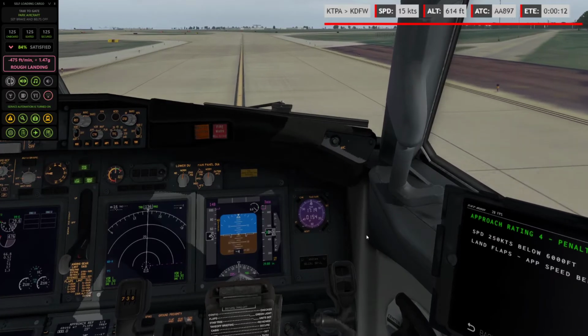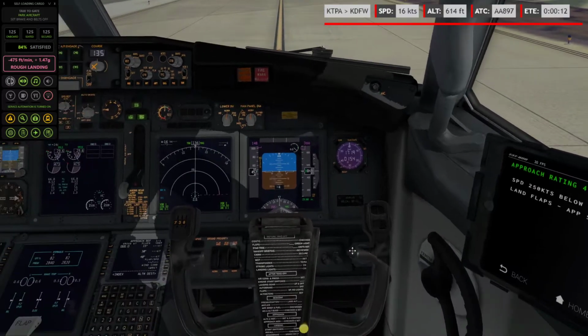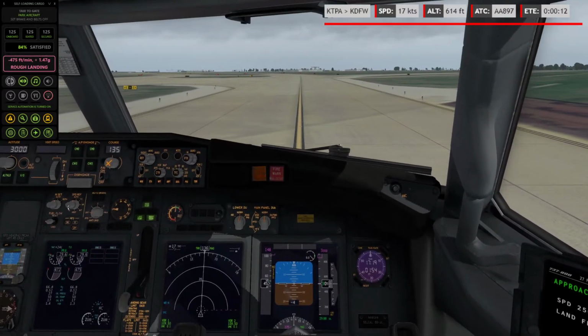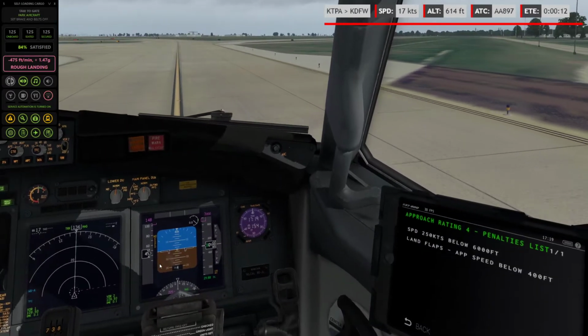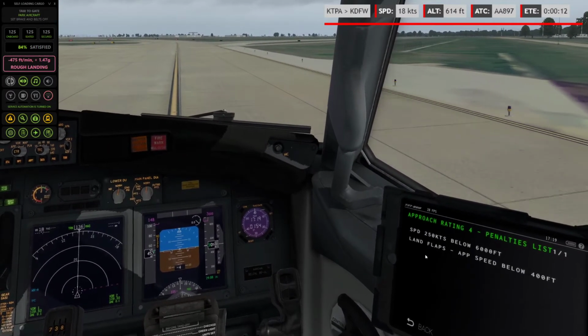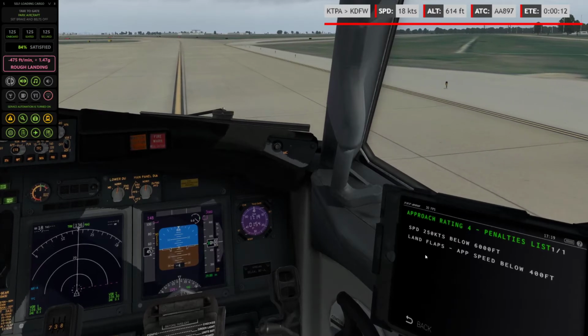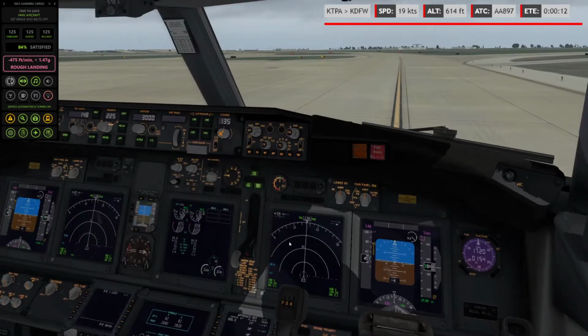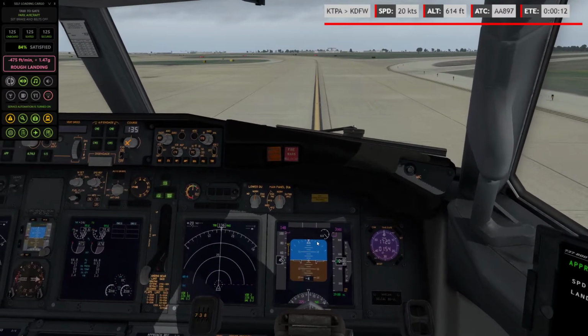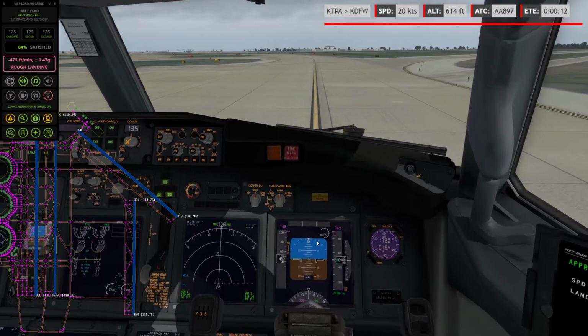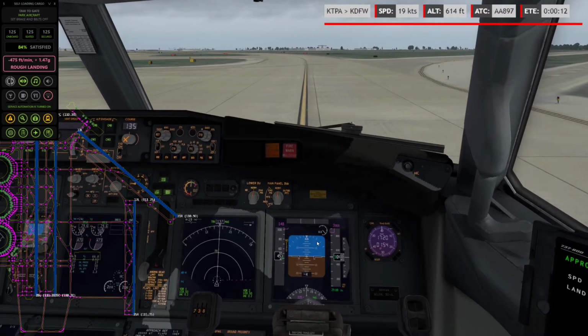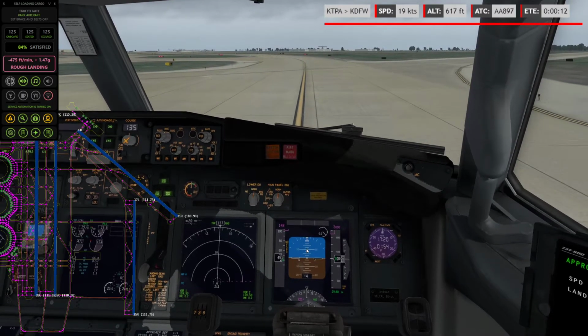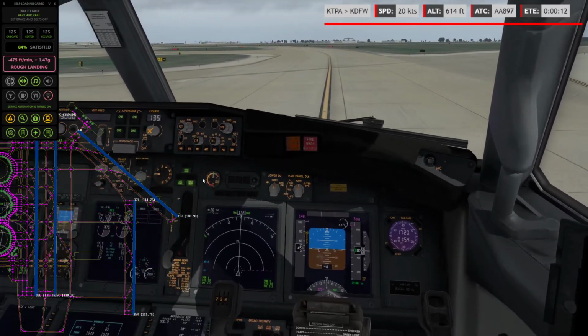There is no way that says we cannot do that, unless there is a speed restriction, which there isn't. The other penalty is landing flaps approach speed below 400 feet. So maybe that means our speed was a little bit low under the VREF. I'll have to go back and check that.